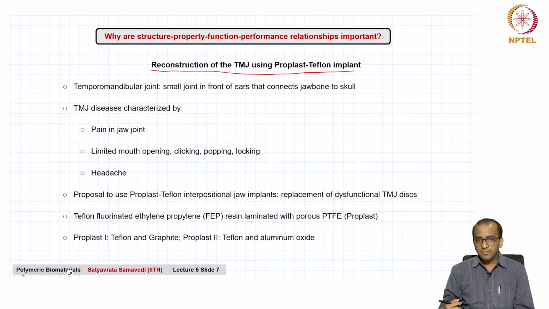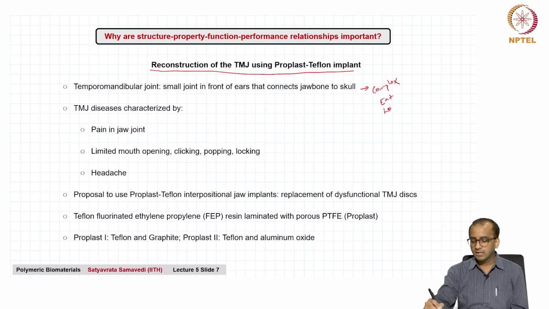The TMJ is short for the temporomandibular joint, which is a small joint in front of the ears that connects the jawbone to the skull. So, it is this joint that you are talking about here, and it is a very complex joint, very underappreciated in fact, with a lot of complex functions. Its correct functioning is going to let you do things like eat, laugh, chew, a host of other functions.